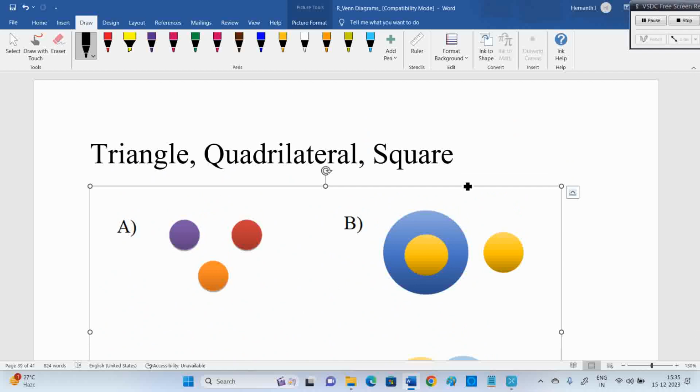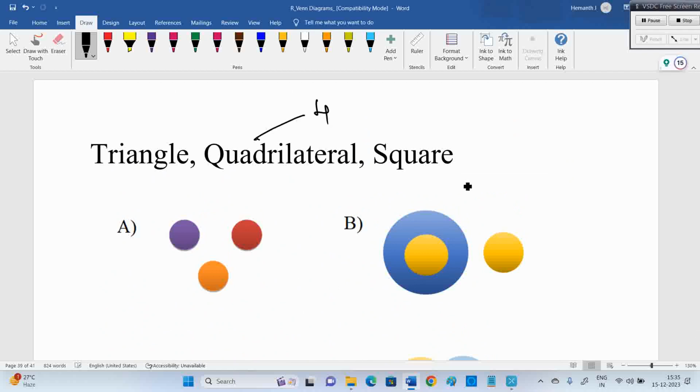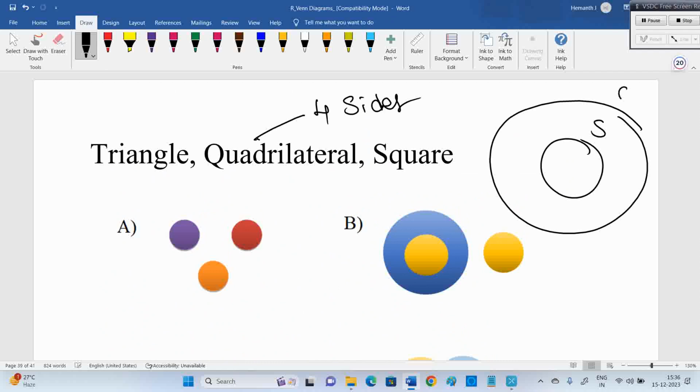See, quadrilateral means any polygon with four sides. So square will come under quadrilateral only. If they use the word polygon, triangle and square will come under polygon. But they gave triangle. Triangle is not a four-sided one. So triangle should be separate. Square is okay. All squares will come under quadrilateral only.